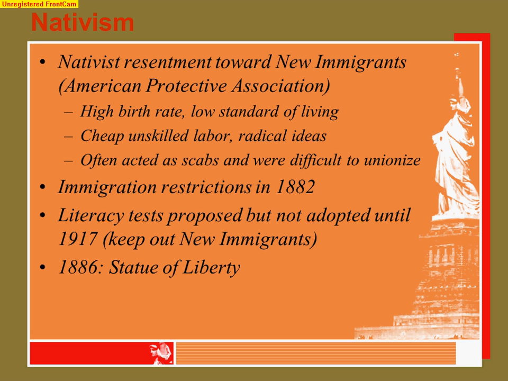In 1882, Congress started restricting certain kinds of immigrants: criminals, convicts, people that were too poor to move here, and also the Chinese, which we've already talked about. Later on, tests would be proposed, including a literacy test, another way to keep a certain class of people out. However, these literacy tests were not actually implemented until 1917, but it shows you the lengths to which the nativists were willing to go to keep the wrong kind of people out.